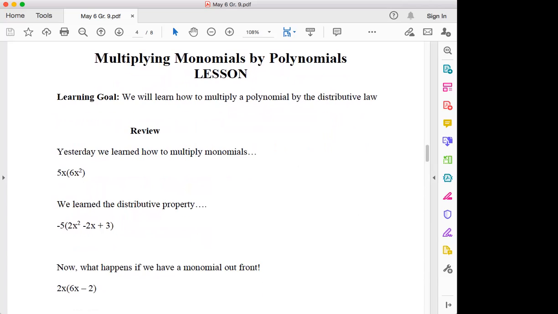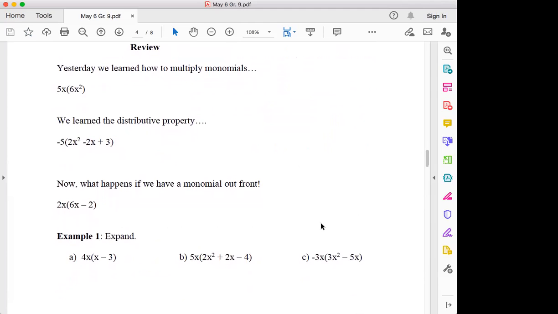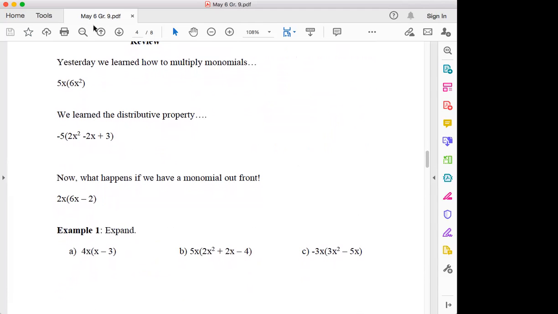So today we're just going to do a little review. Yesterday we learned about multiplying monomials. For that, all you do is you multiply the coefficients at the front and you add the exponents of the variables inside.